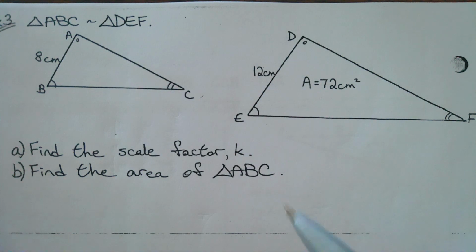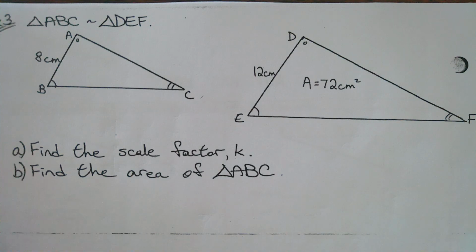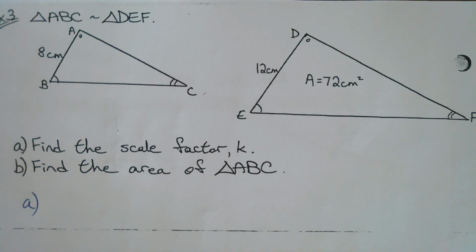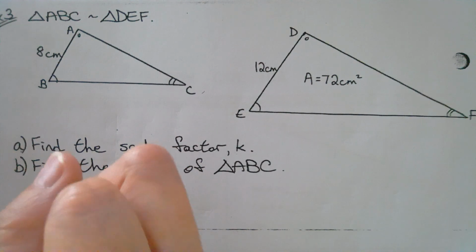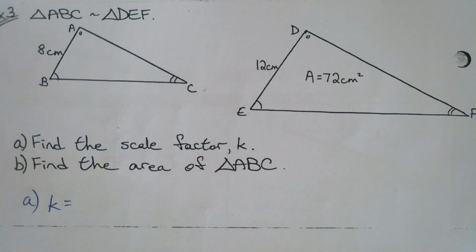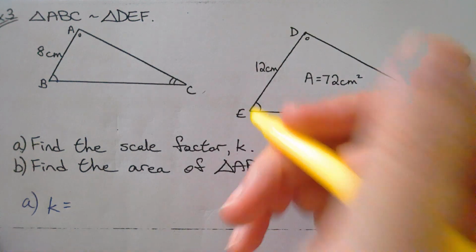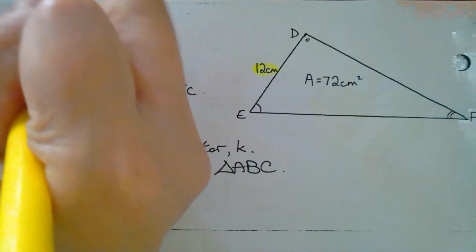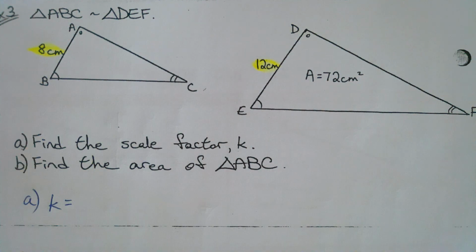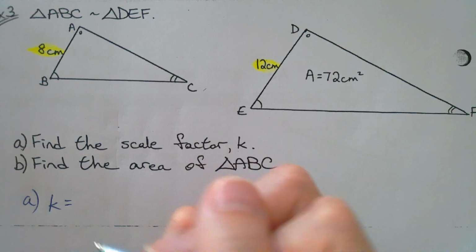Okay, so find the scale factor K. Similar to what we just did. Okay, what's K? I'm going to calculate K. Rashan, how many times bigger is that one to this one? Three times bigger?